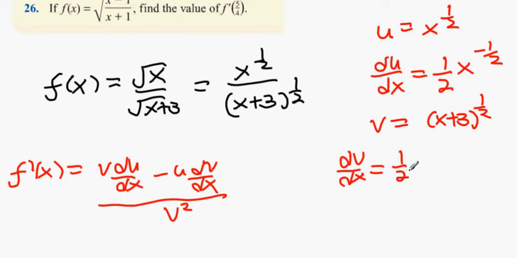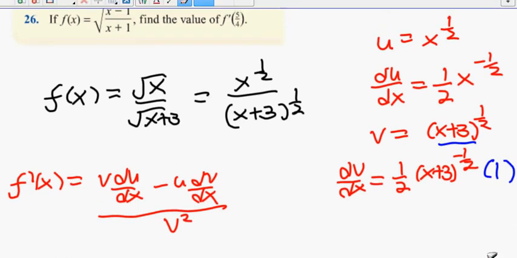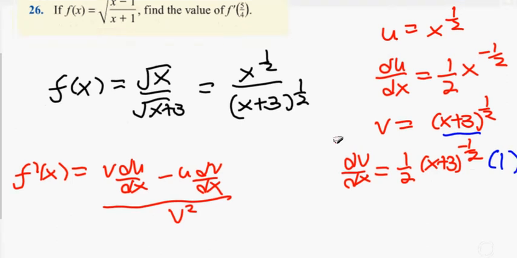A half, (x plus 3), power of minus a half. And then we've got to differentiate what's in the brackets. What happens when you differentiate x plus 3? You get 1. Okay? And the 1 might as well not exist, so the 1 can just disappear there.